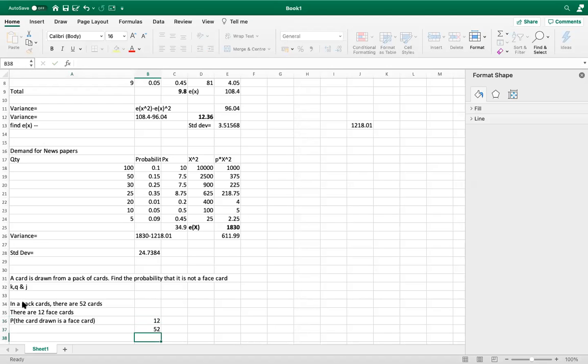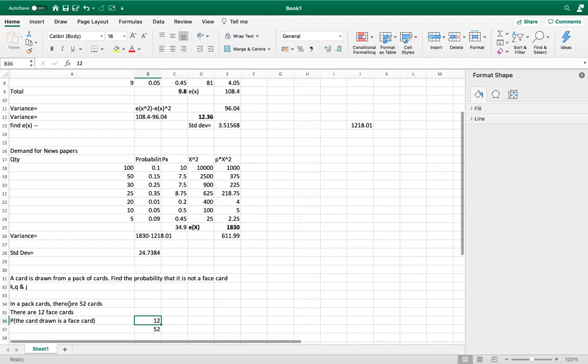Do you understand? One card is drawn and I am finding out first the probability of it being a face card. Then I will find out the probability of it not being a face card. There are 12 out of 52 chances that it is a face card.